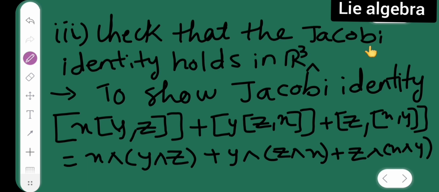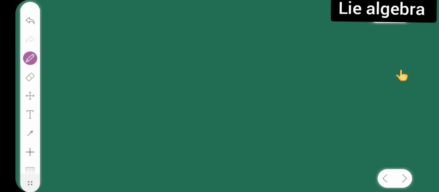I have to write in this format. Now this I will write it how? Wait. Yeah. So this is equal to x cap, in the bracket I will put y cap z, plus y cap, in the bracket z cap x, plus z cap, in the bracket x cap y. Now this I will write on the next page.